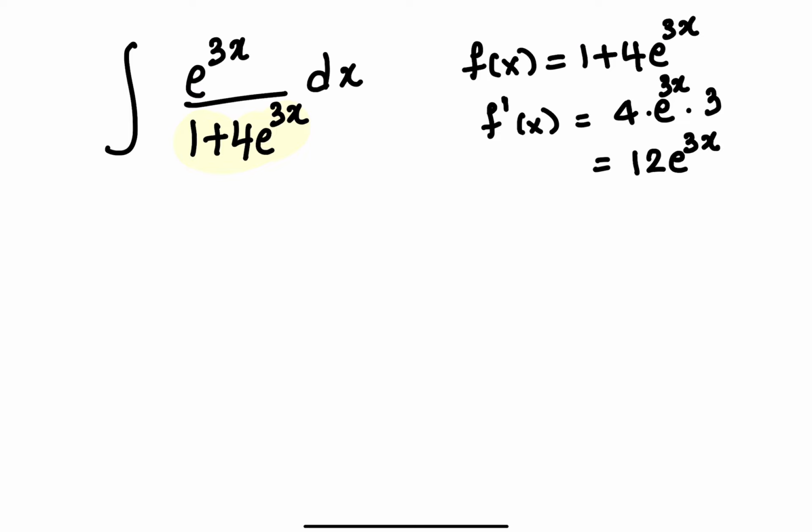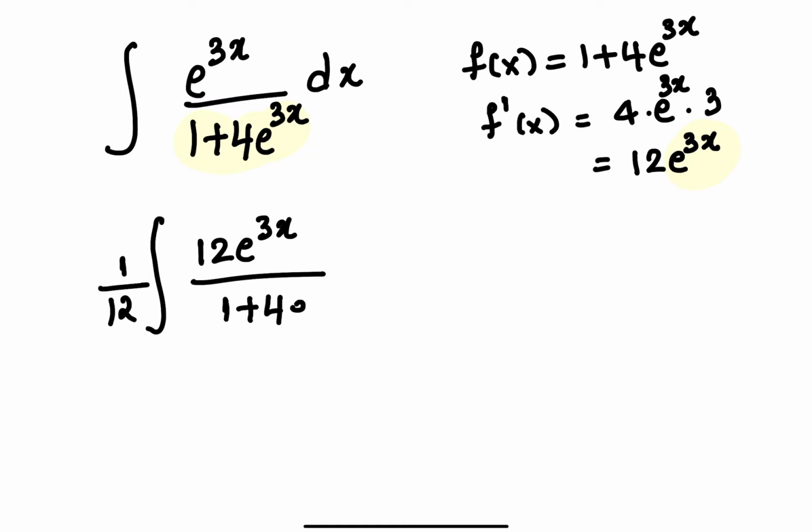Now, do I have the derivative? Yeah, just the partial. That's okay because you by now know you can multiply and divide by that constant, 4 e power 3x dx.